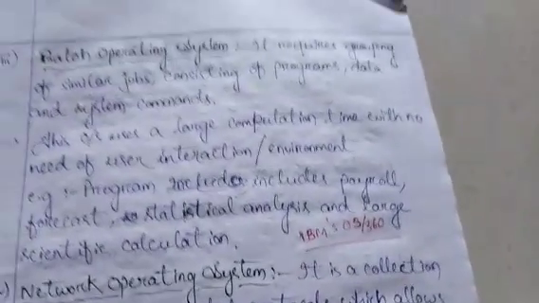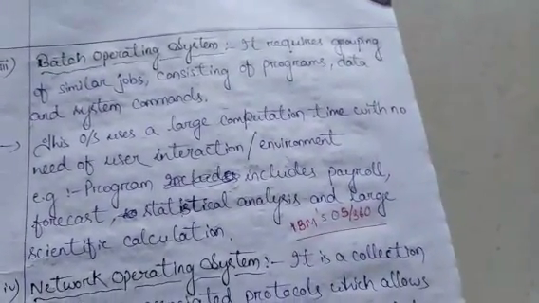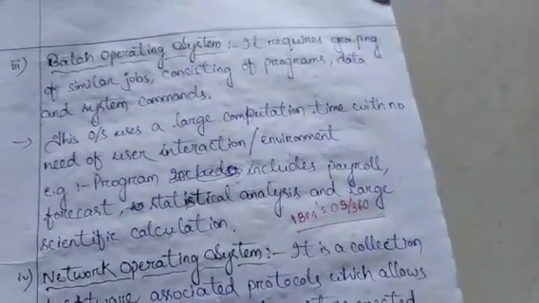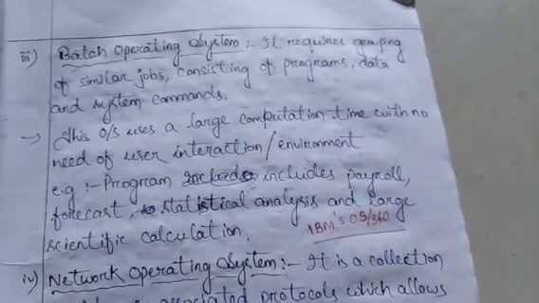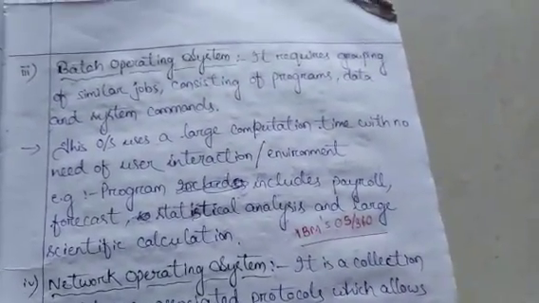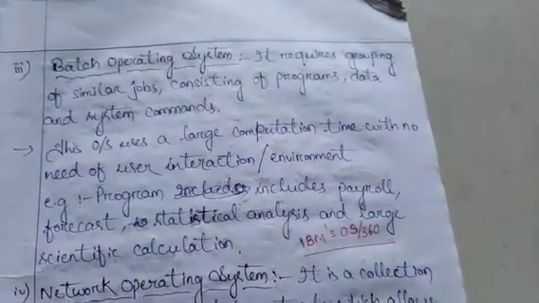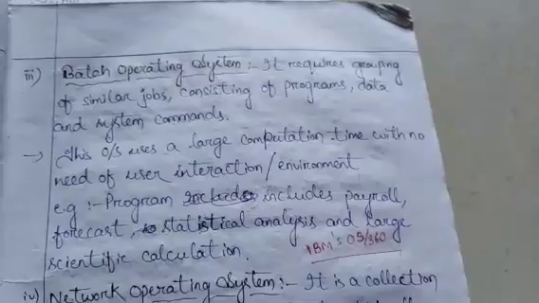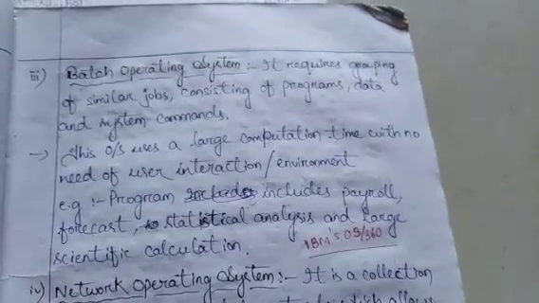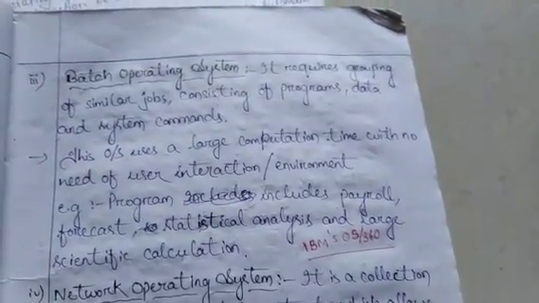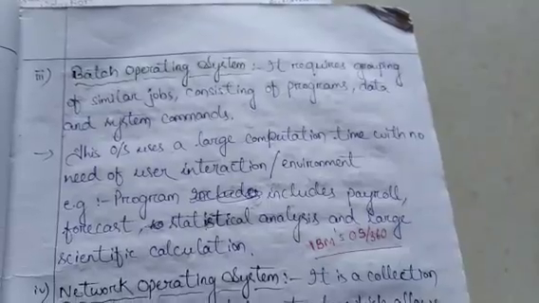Another one is your batch operating system. I am briefly describing all these operating systems in this way. Batch operating system we will learn in detail. So in batch operating system, what happens? Several similar jobs are grouped.